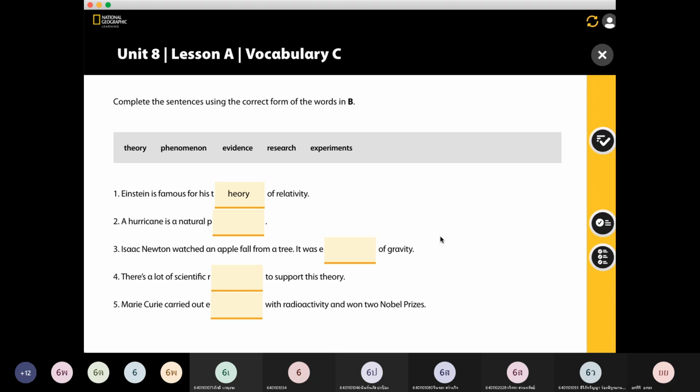Right. Number 2, phenomenon. Number 3, evidence. And number 4, research.